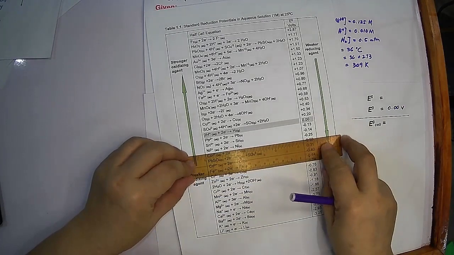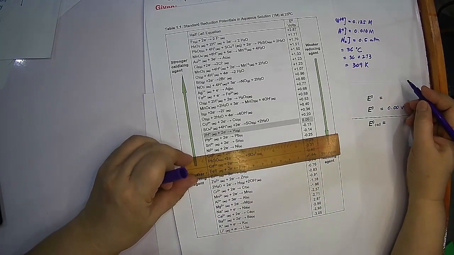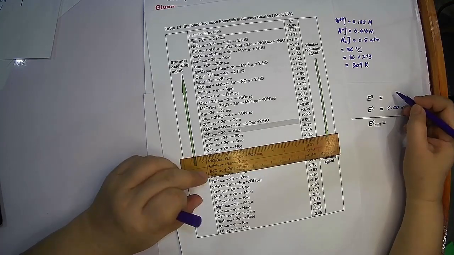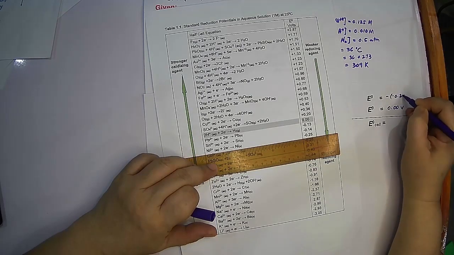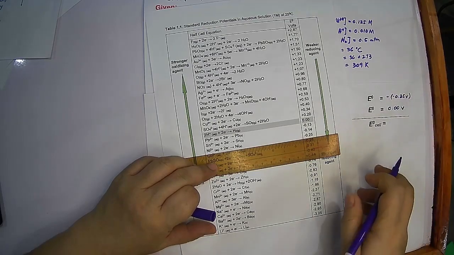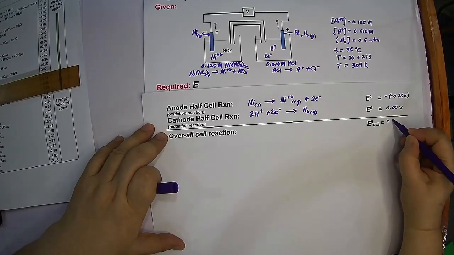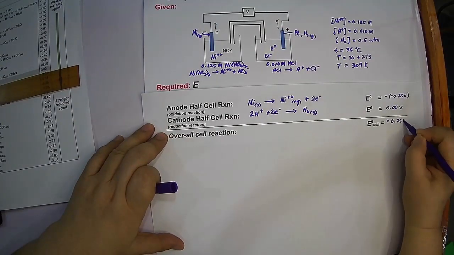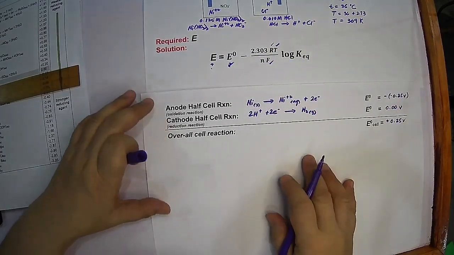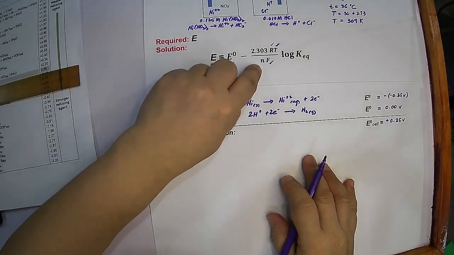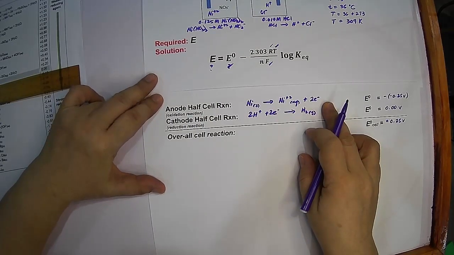Okay, that is a reduction potential, so we have the negative of negative 0.25 volt, and that will make it positive. Okay, so it is positive 0.25 volt. Now we have our E, so we have determined your n being 2 electrons that are transferred.